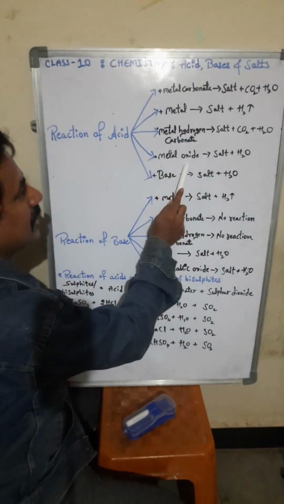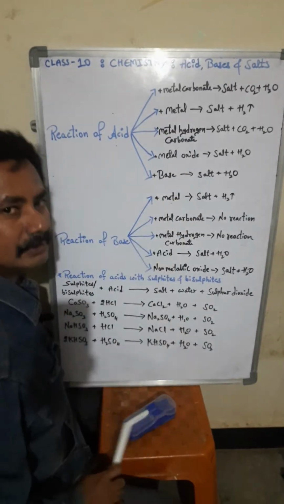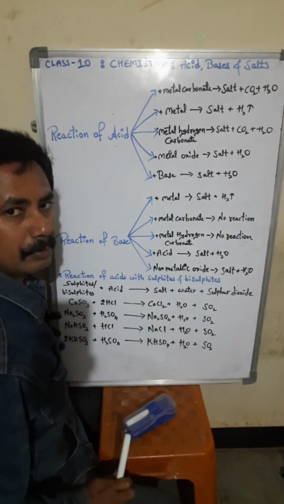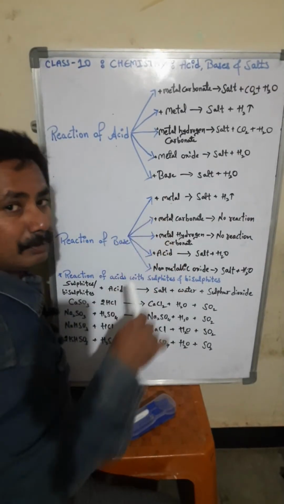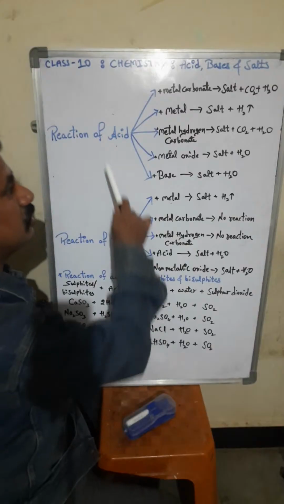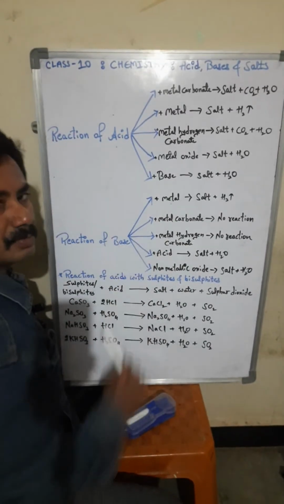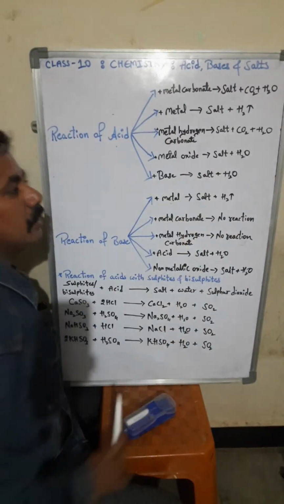When metal oxide reacts with acid, students, you have to remember, the result is salt plus water. And when acid reacts with base, this is known as a neutralization reaction. Acid plus base gives salt plus water. Metal oxide is also the same: salt plus water.